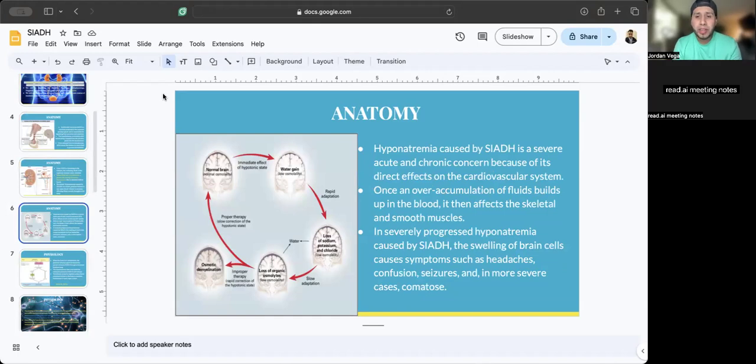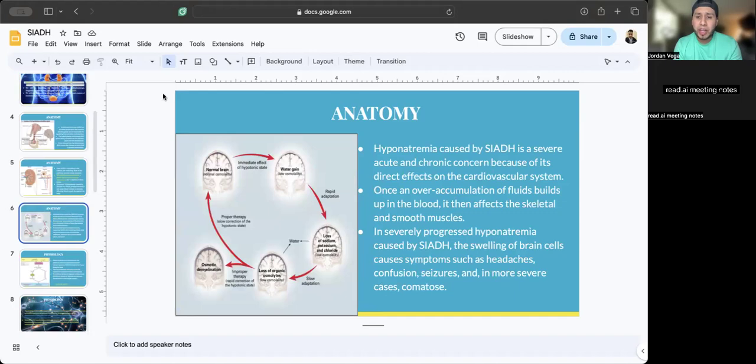So hyponatremia is, as I said earlier, directly caused by SIADH, and it's a severe, acute, and chronic problem because of its direct effect on our cardiovascular system. It creates an overaccumulation of fluids, which begins to build up in our blood and then begins to affect our skeletal and smooth muscles.